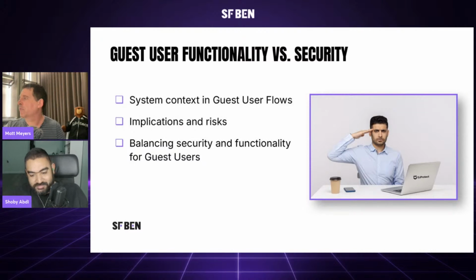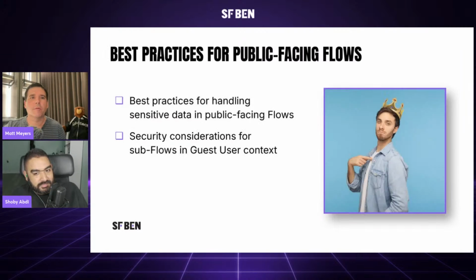I was just thinking of a different use case with that same thing, and I think this is a perfect segue to best practices for handling sensitive data in public facing flows, which we talked about before: URL query string variables. A lot of times people pass in query string parameters to preload the page and data, passing that through a Visualforce page.